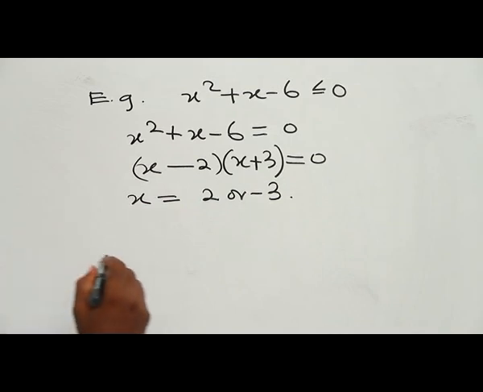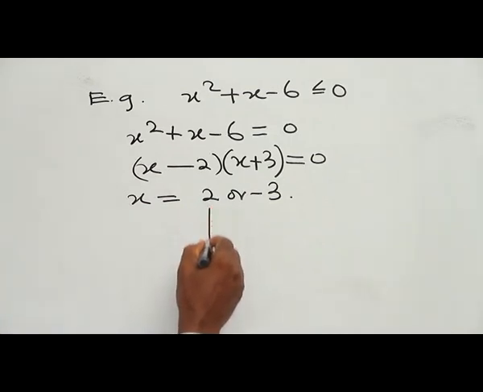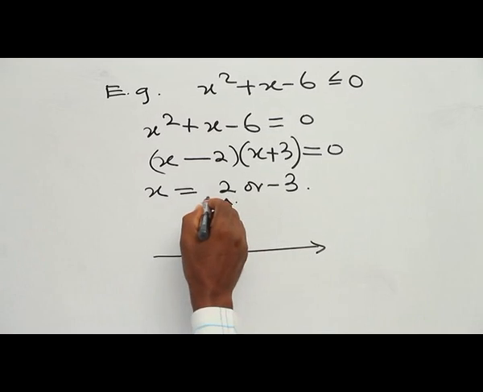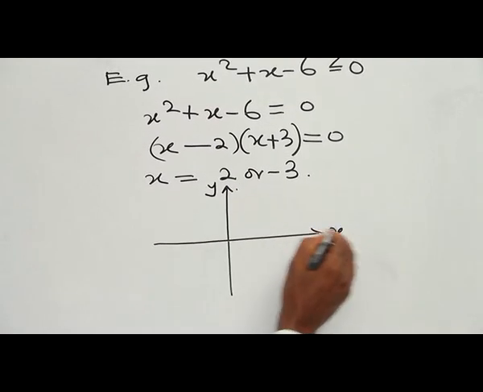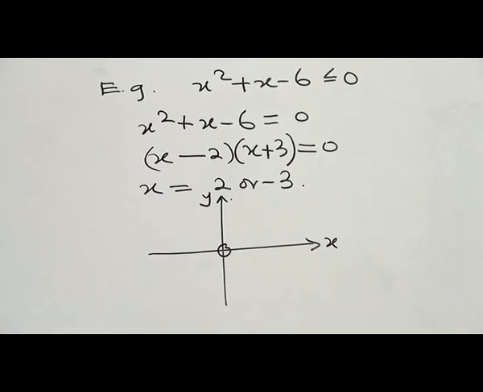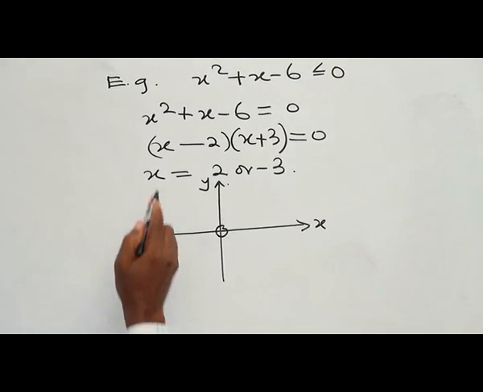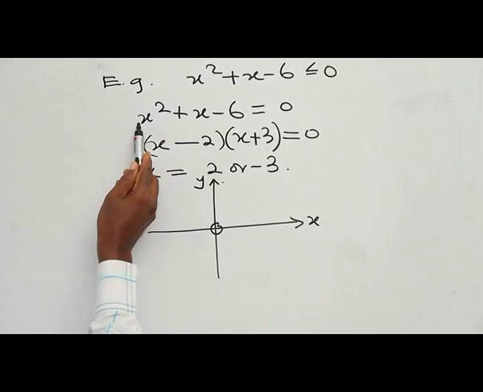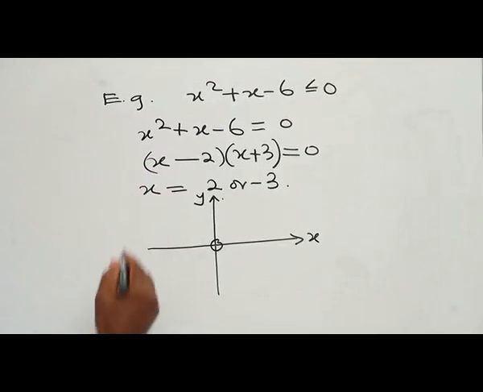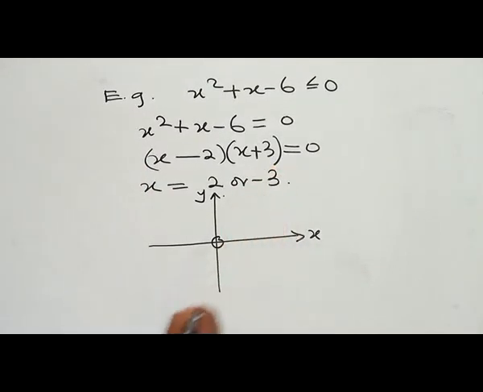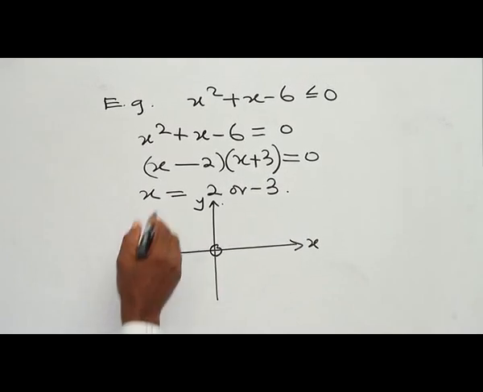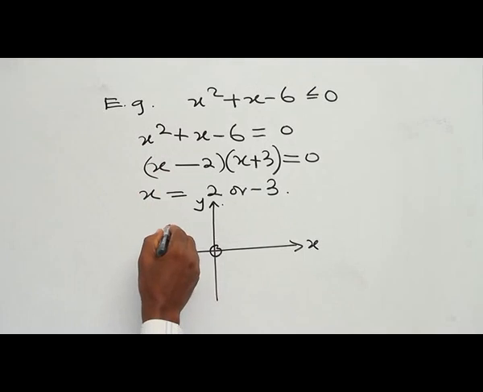Now, using the first approach, we can sketch the quadratic graph. This is your y-axis, this is your x-axis, this is your origin. We recall that when the coefficient of s squared is positive, the graph will normally take the U-shape format.